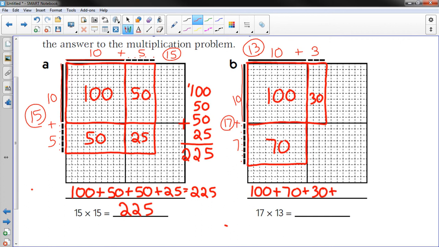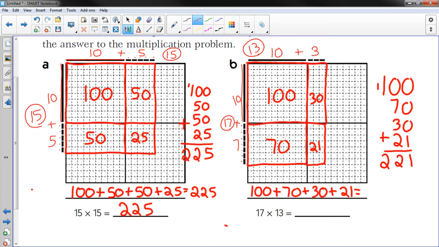And my last one is 7 times 3. Well, I know that's 21. And now I just have to add those up. I'm going to do it on the side over here. So my answer is 221.